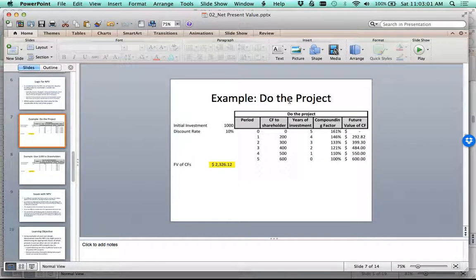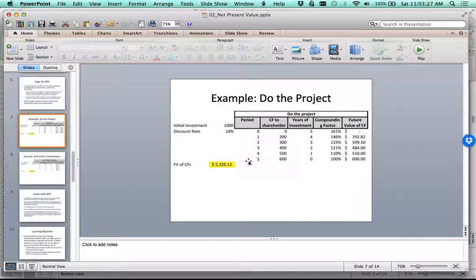So let's consider the first option. We'll do the project. So look at the cash flows to the investors. We're not going to give them any money at time 0. So they get no money at time 0. I calculated a compounding factor over here, which is again just 1 plus 10% raised to the power of how many years they're going to be able to invest this.